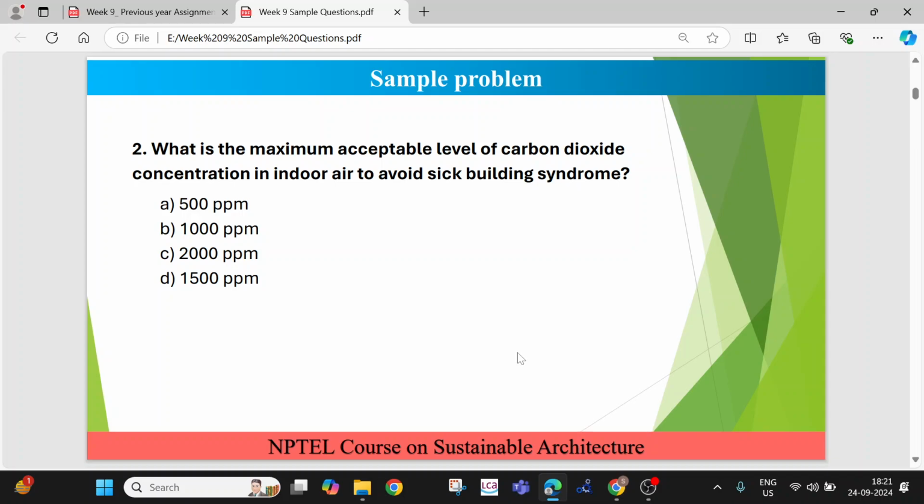The maximum allowable CO2 concentration indoors is 1000 ppm. If it is not maintained, you are going towards sick building syndrome, SBS. You will feel discomfort, headache, a sick feeling. So the permissible limit is 1000 ppm.